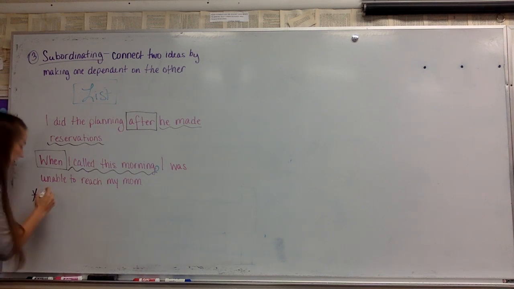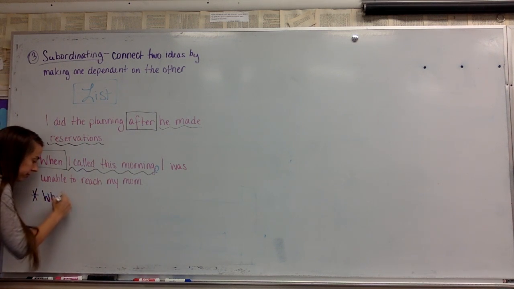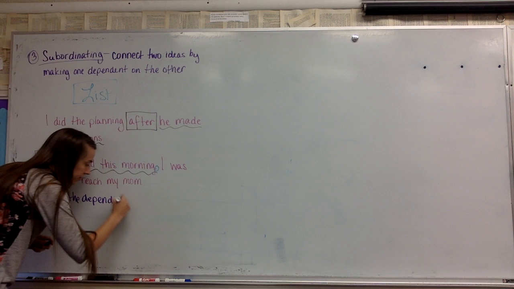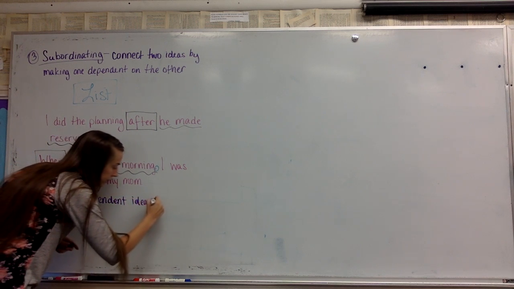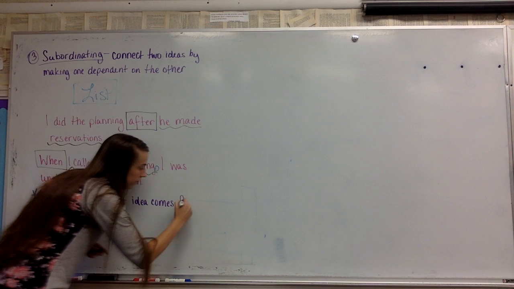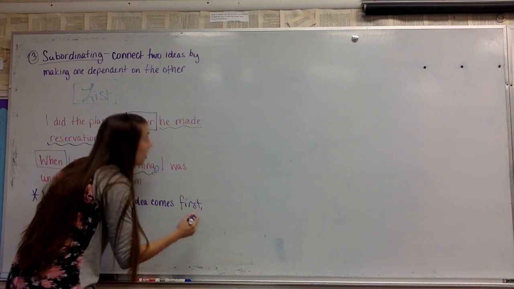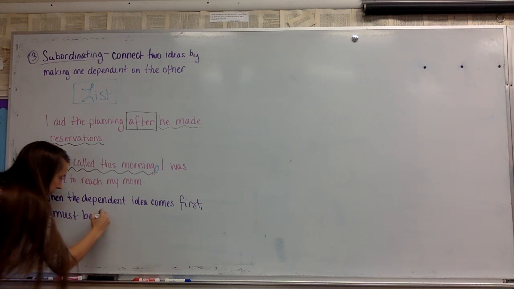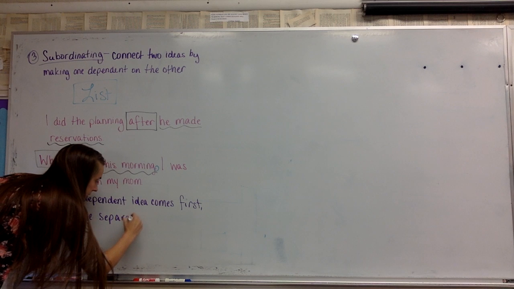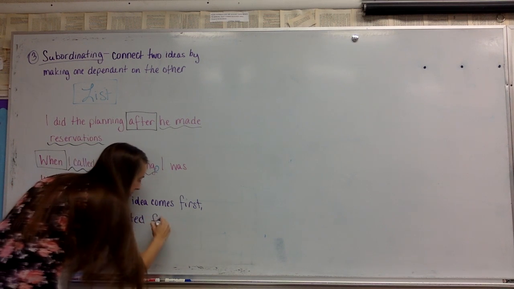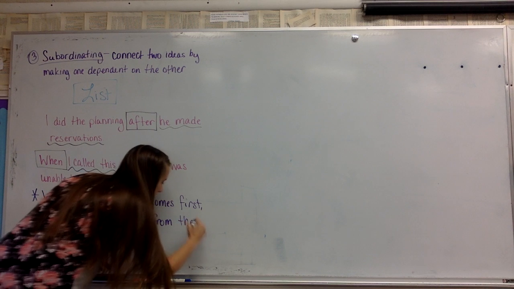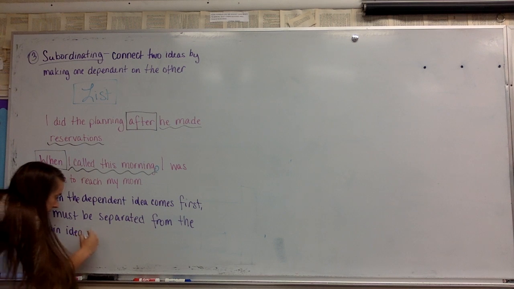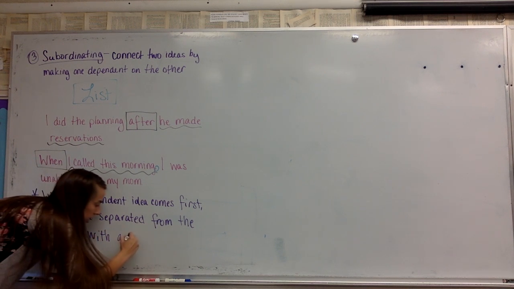When the dependent idea comes first, it must be separated from the main idea with a comma.